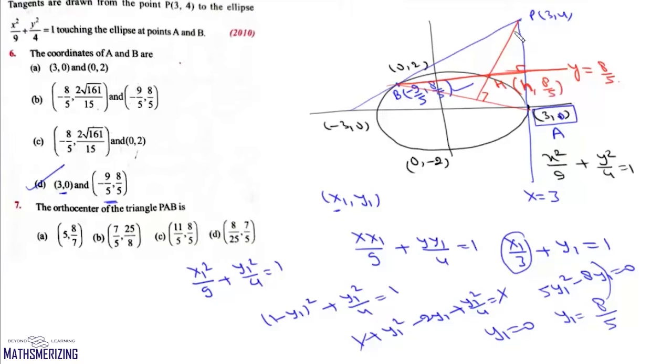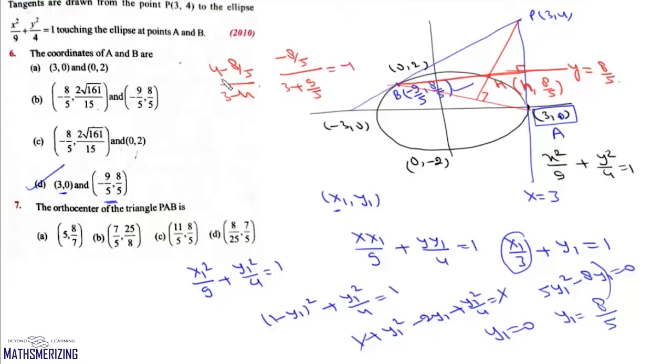So we know that this PH is perpendicular to AB. So we'll write the slope equation: (4 minus 8/5) upon (3 minus h) into, what is the slope of this line? The slope of this line will be minus 8/5 upon (3 plus 9/5), and this value is equal to minus 1.